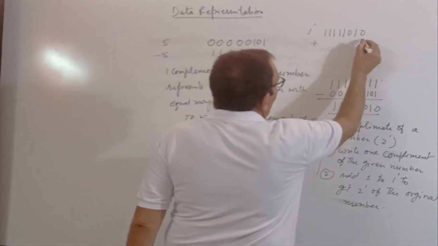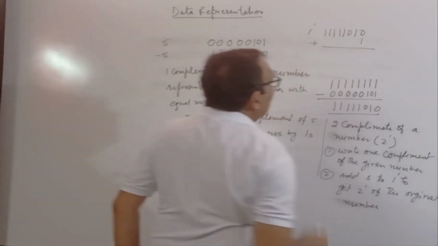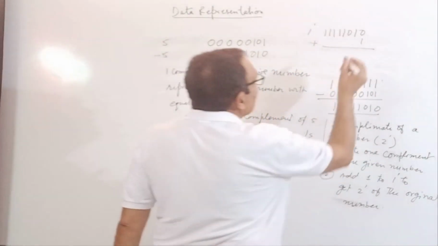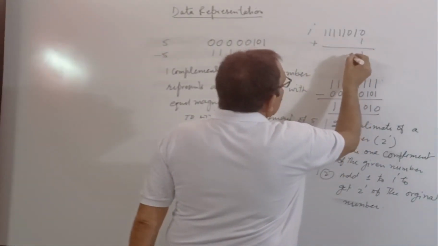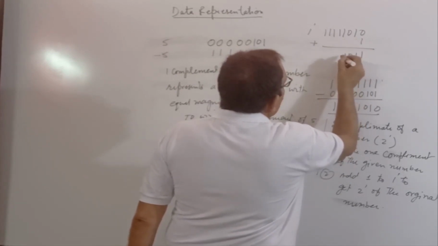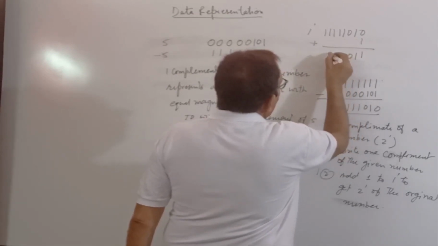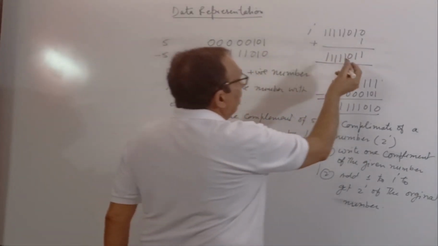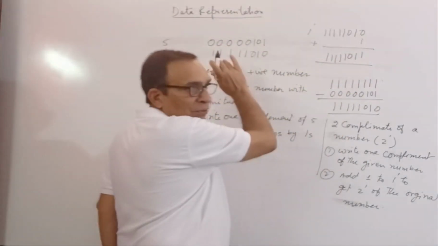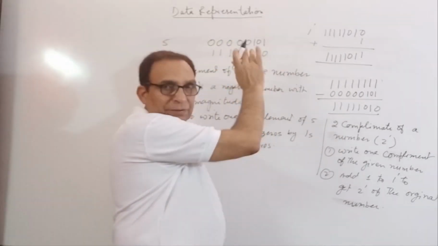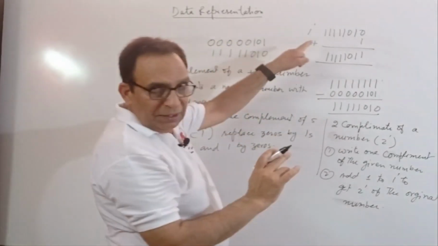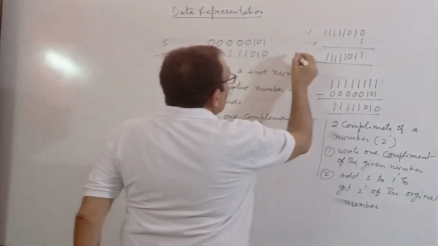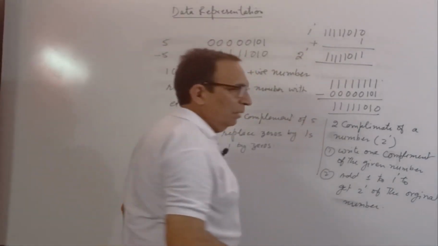I have to add only 1 to this, and I'll be getting 1 1 1 1 1 0 1 1. So this is the 2's complement of 5, which has the representation here.